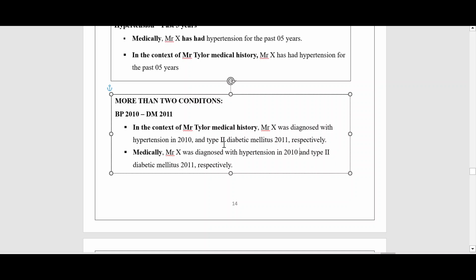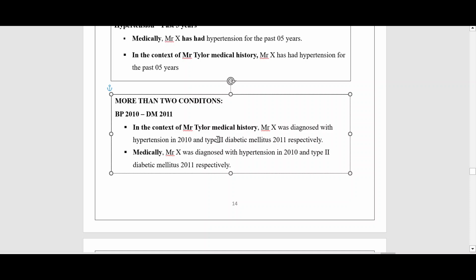Diagnosed in 2010 and 2011, and type 2 diabetes mellitus in 2011. Not this one, sorry. So there is no comma in this one.